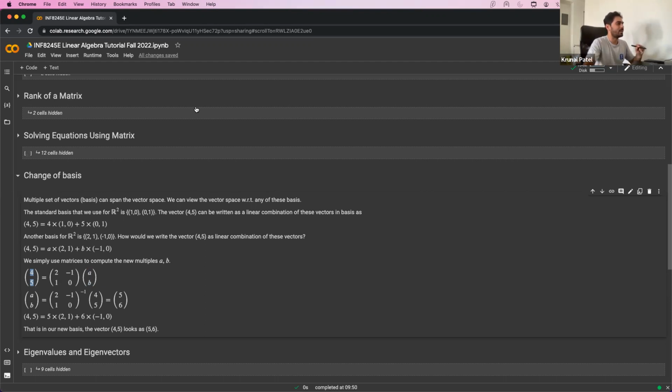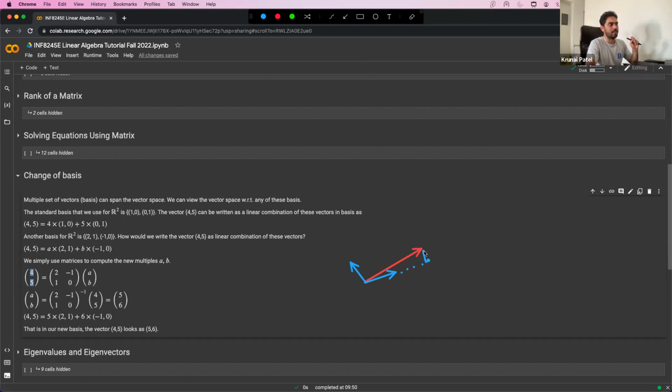So what we are trying to find out, let's get this point. We have this vector, which was originally 4, 5 in my original vector space, and we have a different basis, which is this and this, let's say. Then I want to find out what is the new representation of this vector, right?